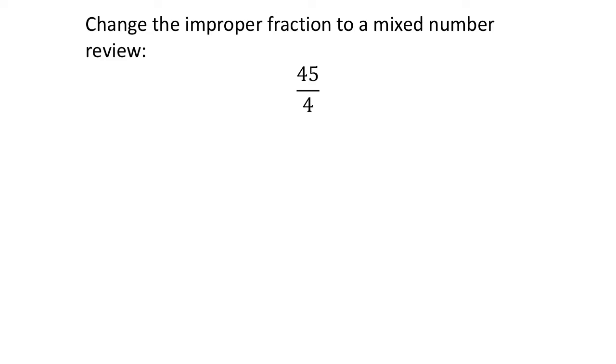So once again, a quick review on changing this improper fraction. I should have mentioned this before, but an improper fraction, remember, is where the numerator is bigger than the denominator. So 45 over 4 would read, for long division, 45 divided by the denominator 4.